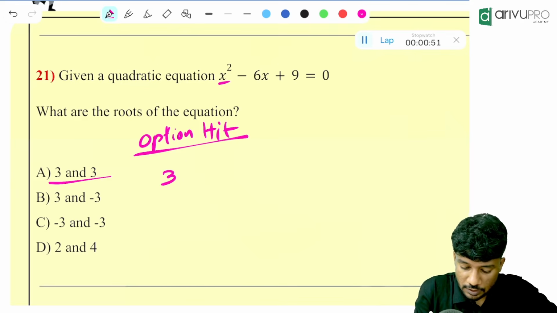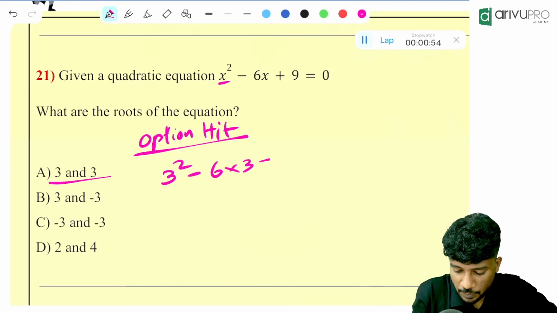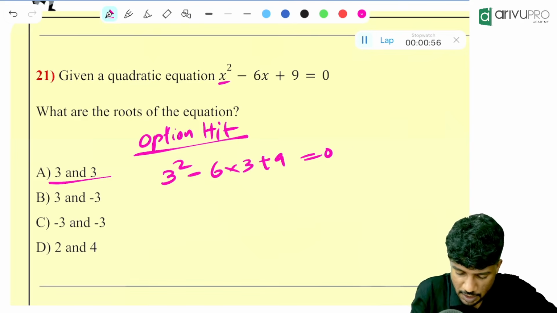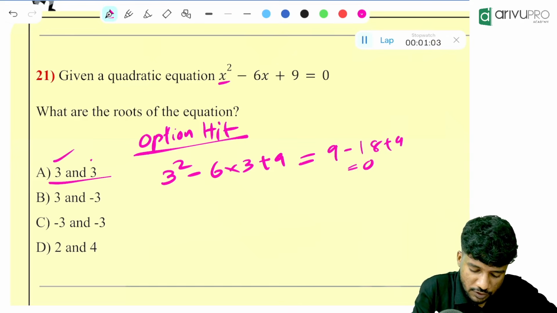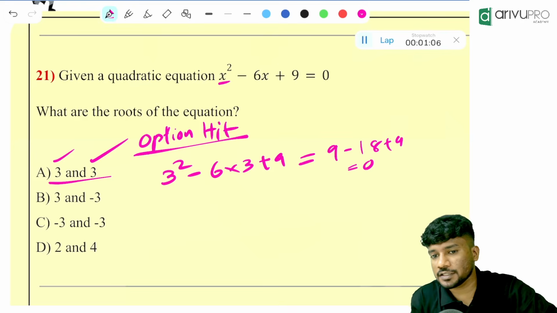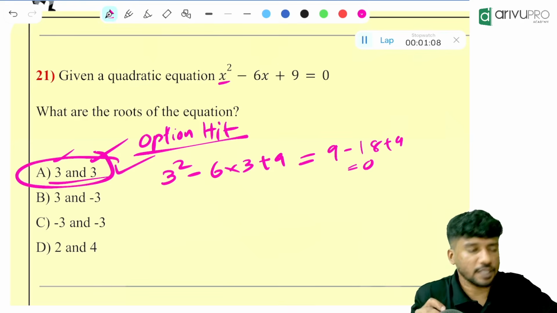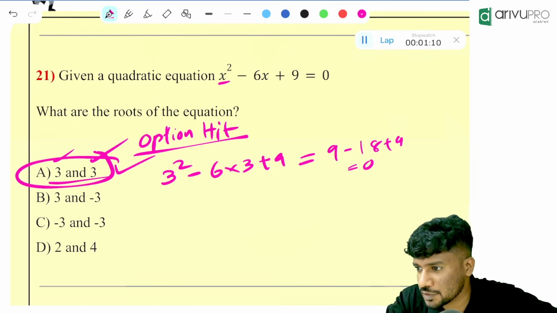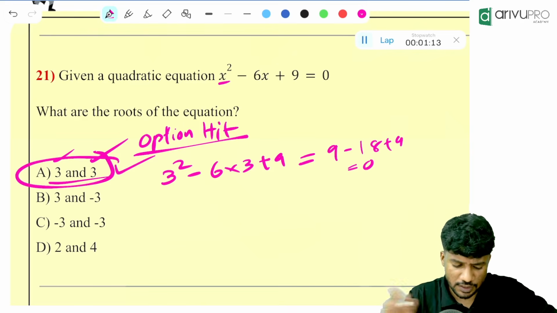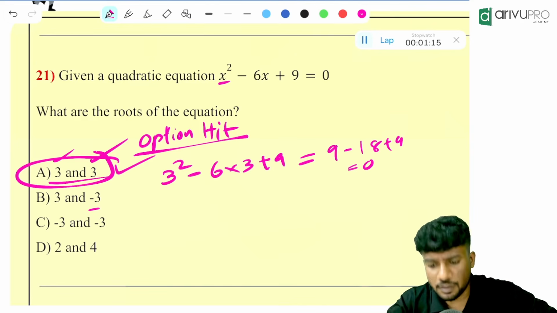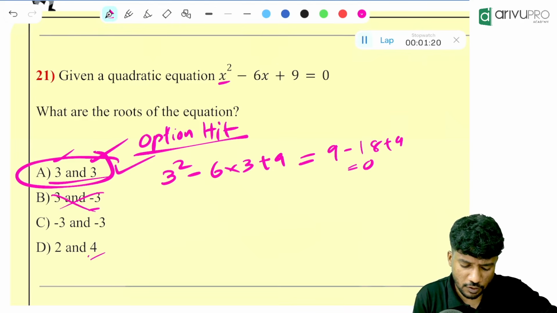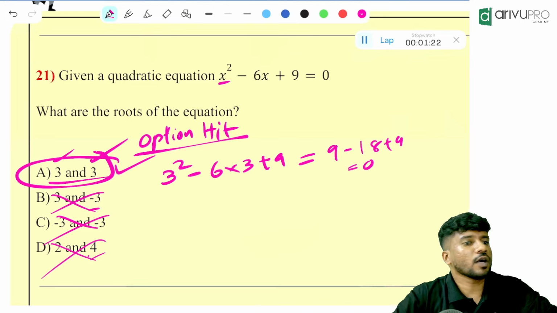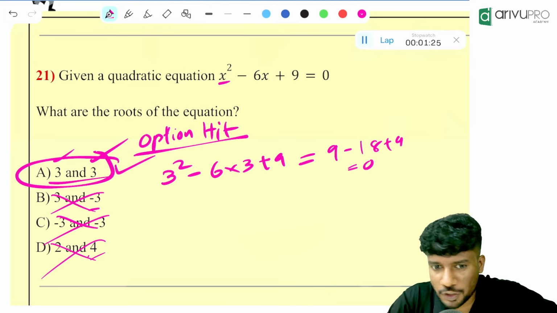That means 3 square minus 6 into 3 plus 9, which is 9 minus 18 plus 9, which is equal to 0. Actually, the first root and second root both satisfied, so option A is your answer. Since one of them satisfied, the other should also satisfy. We will check whether minus 3 is also giving it. Try minus 3. No. Minus 4 or 4, you try. None of them are giving. Only one option is giving the answer.